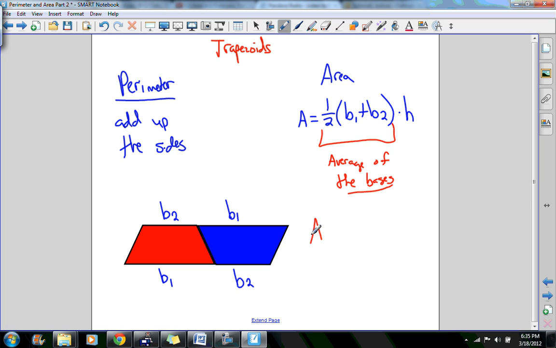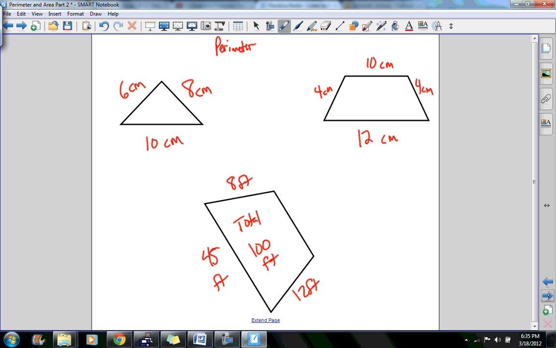So my formula is area is equal to the average of the bases times the height. I don't care how you remember it, but either way is fine. You could also do base 1 plus base 2 divided by 2. That's just fine as well. But 1/2 base 1 plus base 2 is probably the easiest way to remember it. It's just the average of the bases times the height. And the reason why is because you have to take that parallelogram you have there and divide by 2.